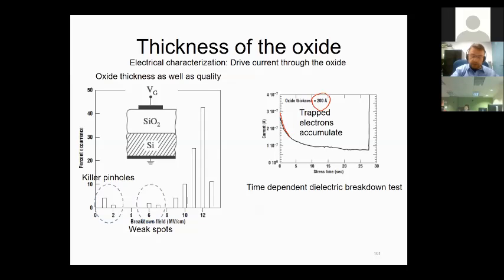There will be accumulation in the silicon dioxide, and after a while, based on the thickness, there's going to be another breakdown and the oxide will start to conduct. So you can estimate the oxide thickness based on the time that's needed.